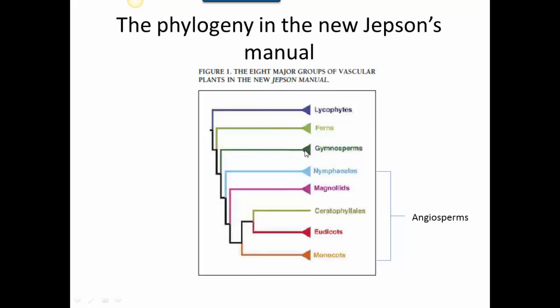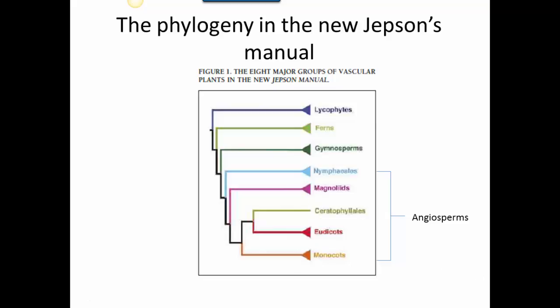And then we know that the gymnosperms are the sister group to the angiosperms. So this phylogeny shows them sharing a more recent common ancestor down here with the angiosperms. And then it shows us that there are these 1, 2, 3, 4, 5 groups of angiosperms.